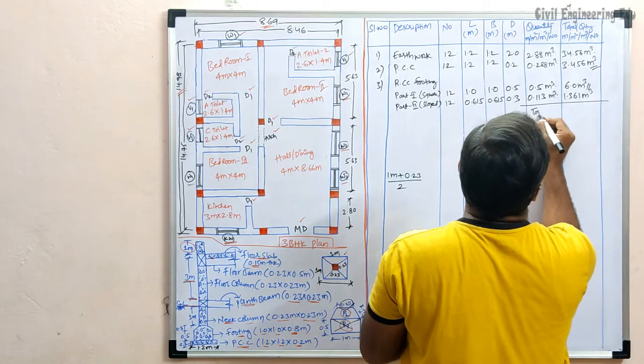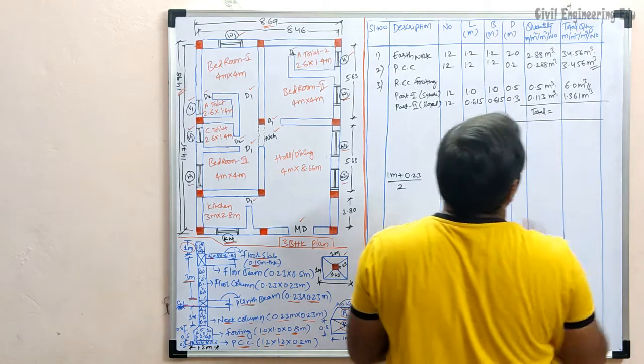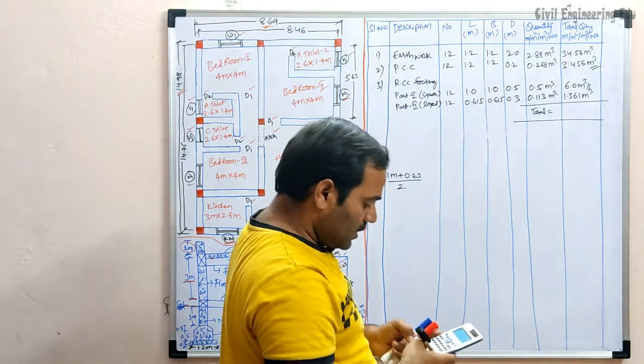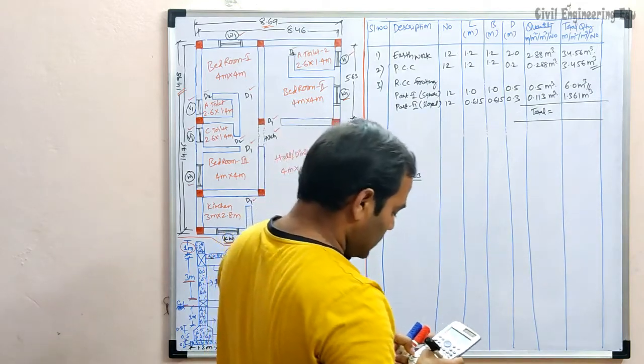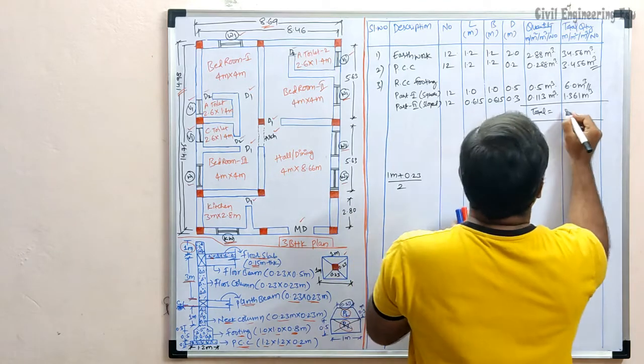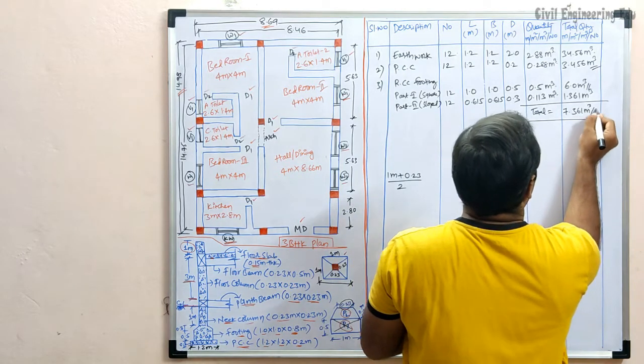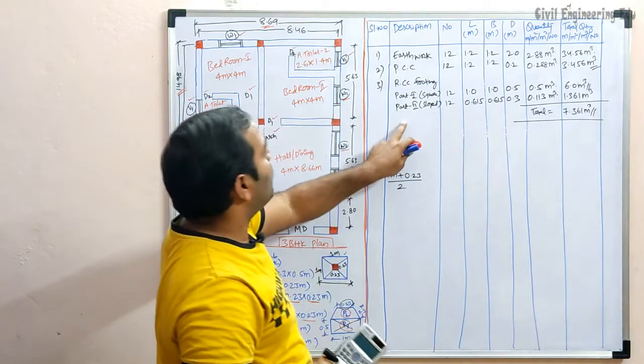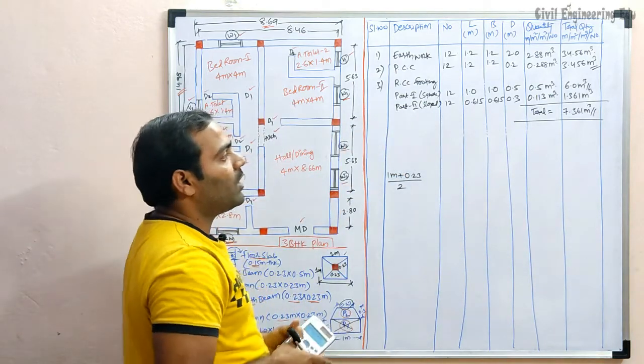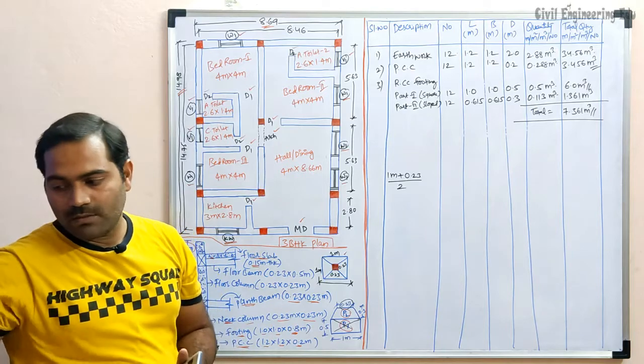So for the total of the footing, we have to add that 6 plus 1.361, which is 7.361 meter cube. So this is the quantity of RCC required for total 12 footings.